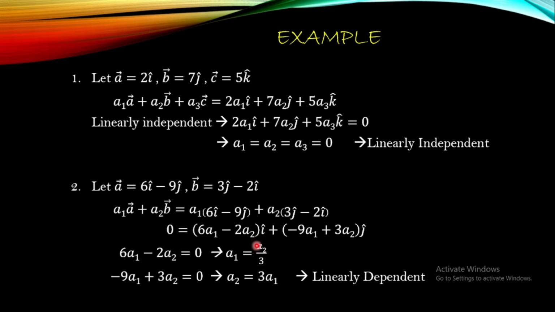Thus, we can say a vector can be written in terms of the linear combination of other vectors, which is going to explain linear dependency. So this example 2 explains linearly dependent vectors. I hope by solving this example, the picture regarding linear dependence and linear independence is clear.